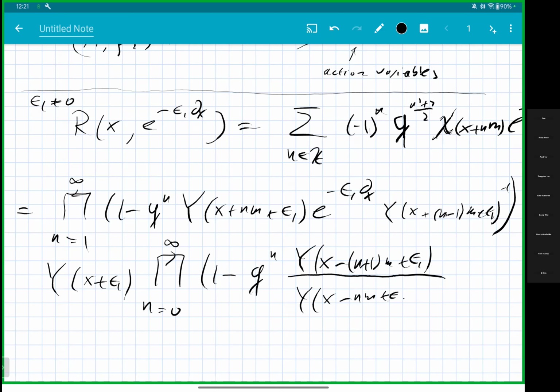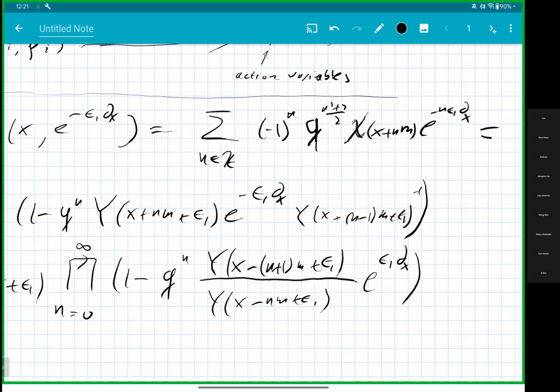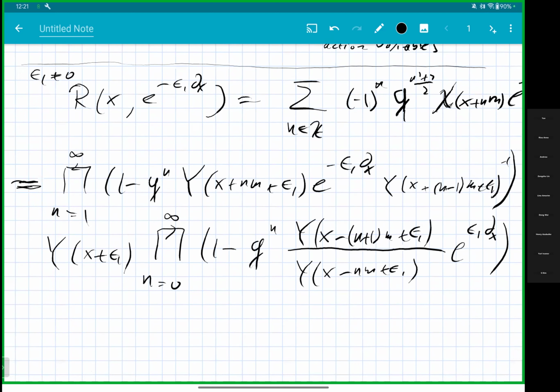Is it a continuation of the formula above, or what? Yes, this thing is just equal to this product.